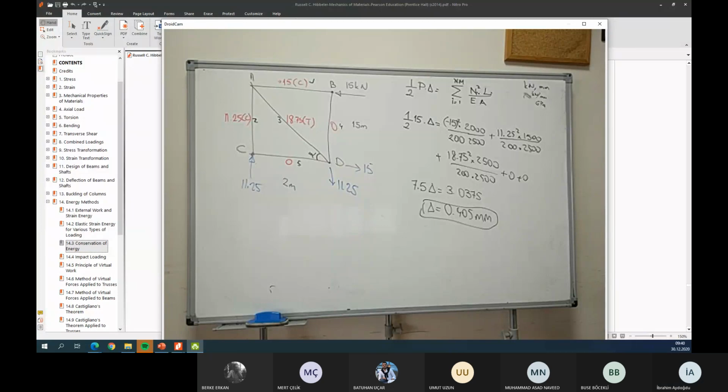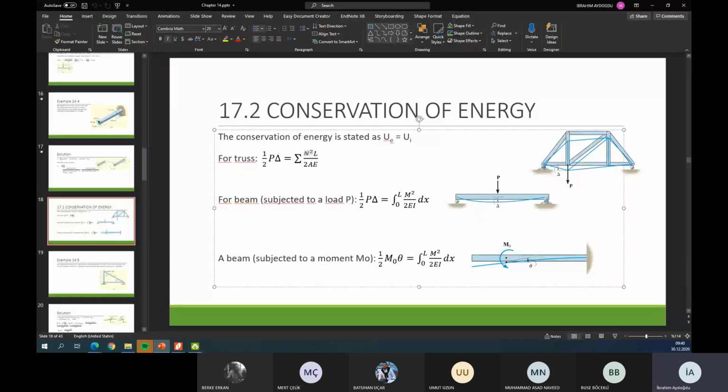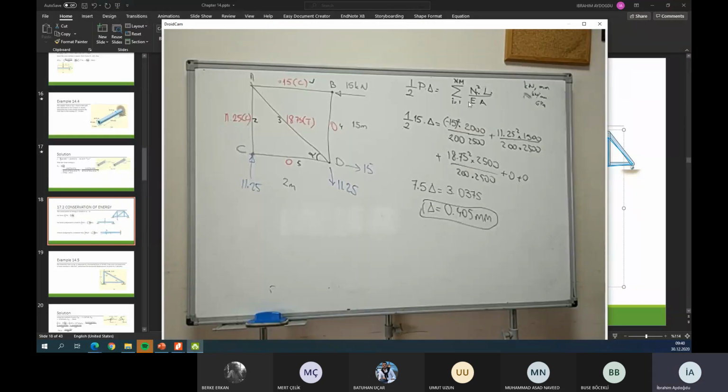I think maybe I made a mistake somewhere in there. Actually, I made a mistake somewhere. You can see in here I forgot 2, in the formulation I forgot to write 2 here, isn't it?